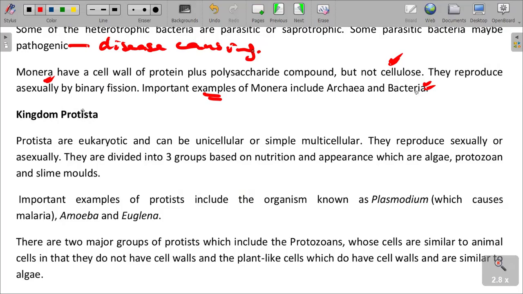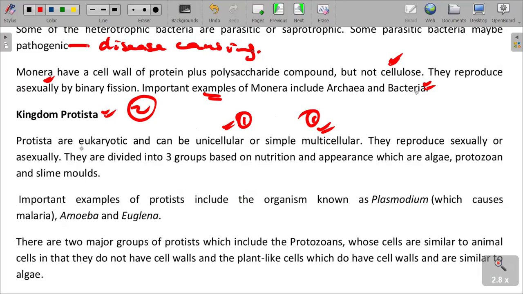So kingdom Protista is number two. We are saying they are also eukaryotic and can be unicellular or simple multicellular. They can be both uni- and multicellular, like we defined previously. They reproduce sexually or asexually.